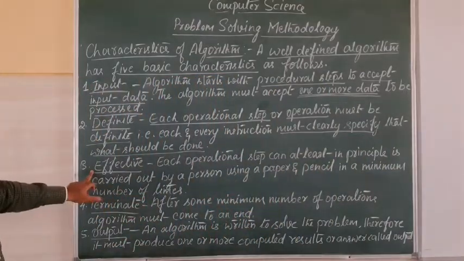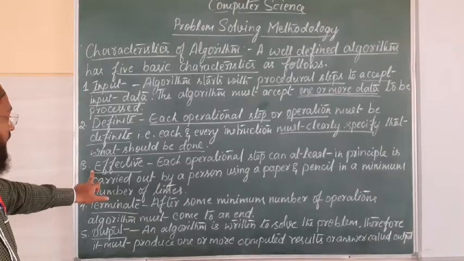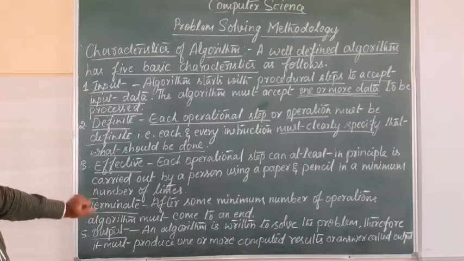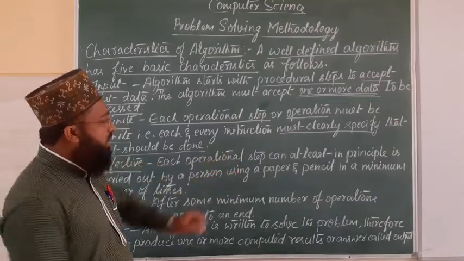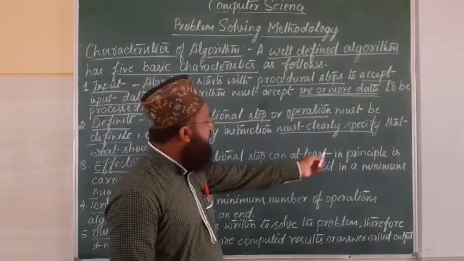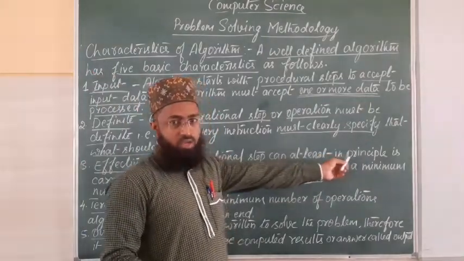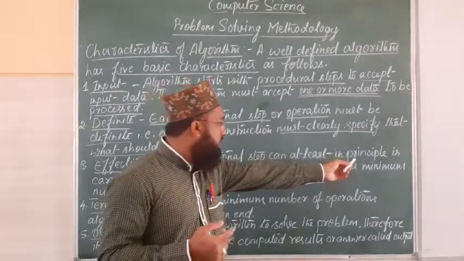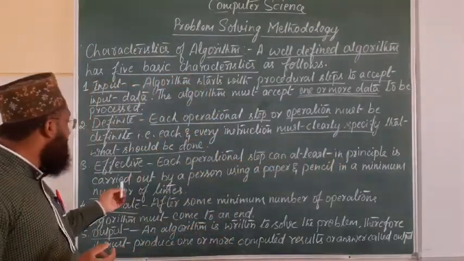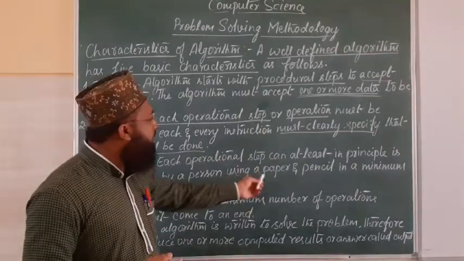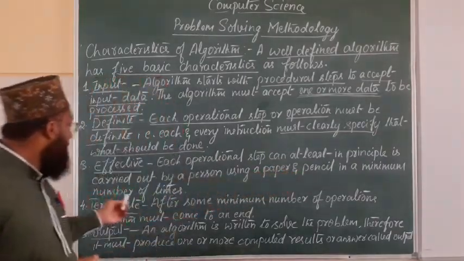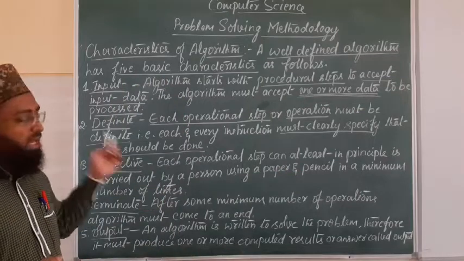Next is effective. See, each operational step should, at least in principle, be able to be carried out by a person using paper and pencil in a finite amount of time.